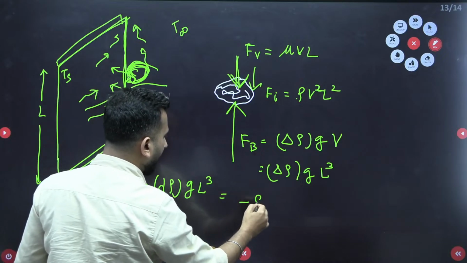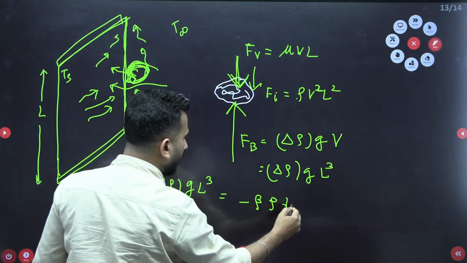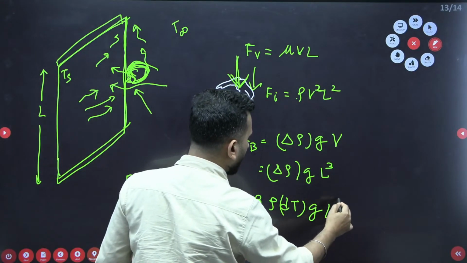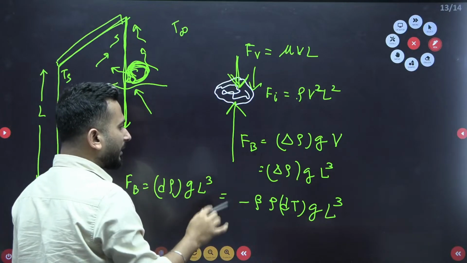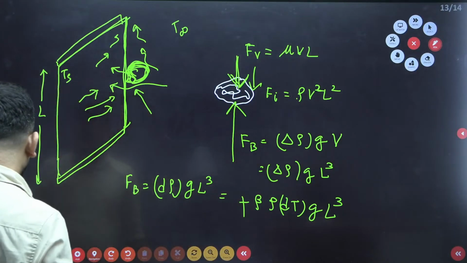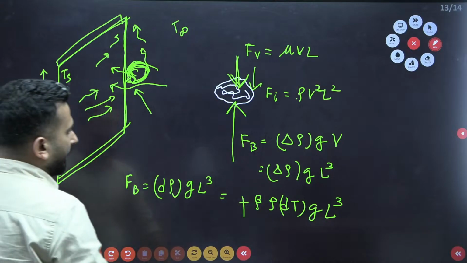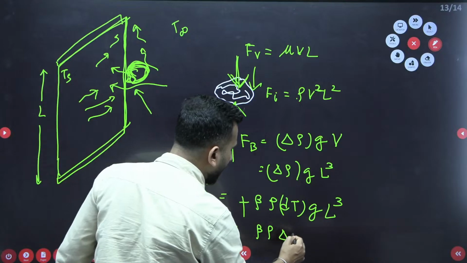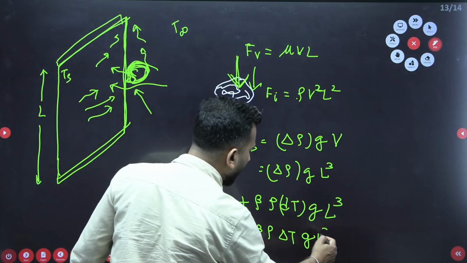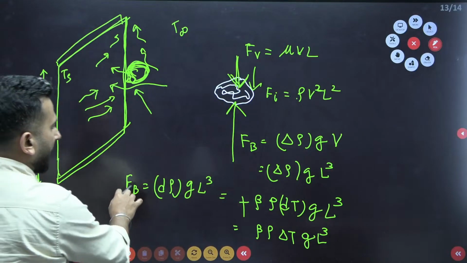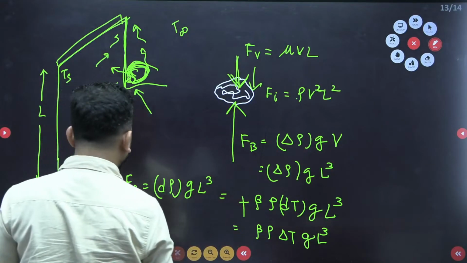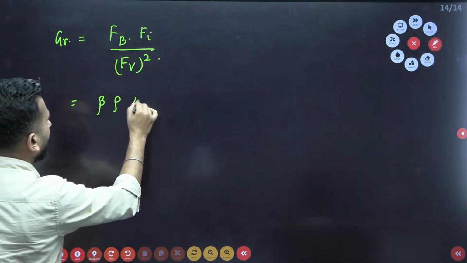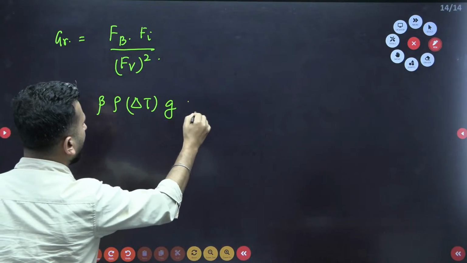You ignore the minus sign and simply consider the positive. So in place of Fb, I will substitute beta rho delta T g L cube.